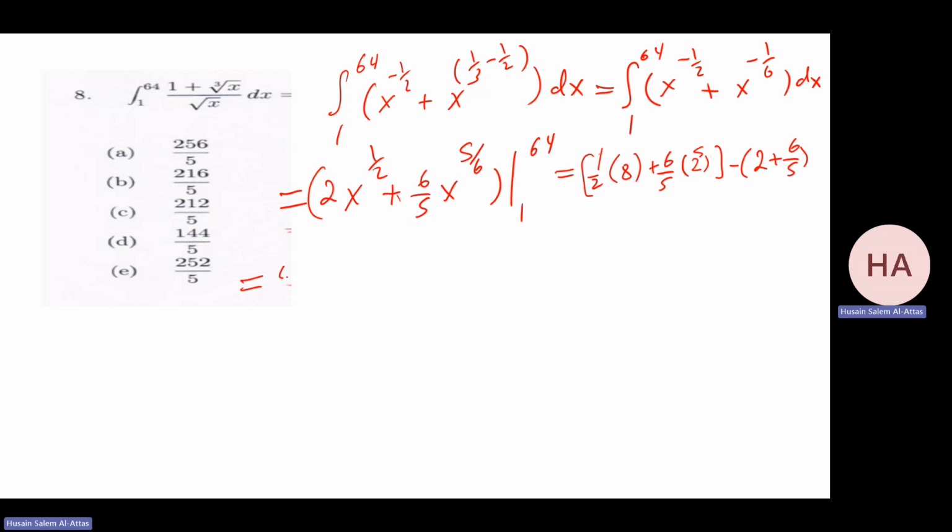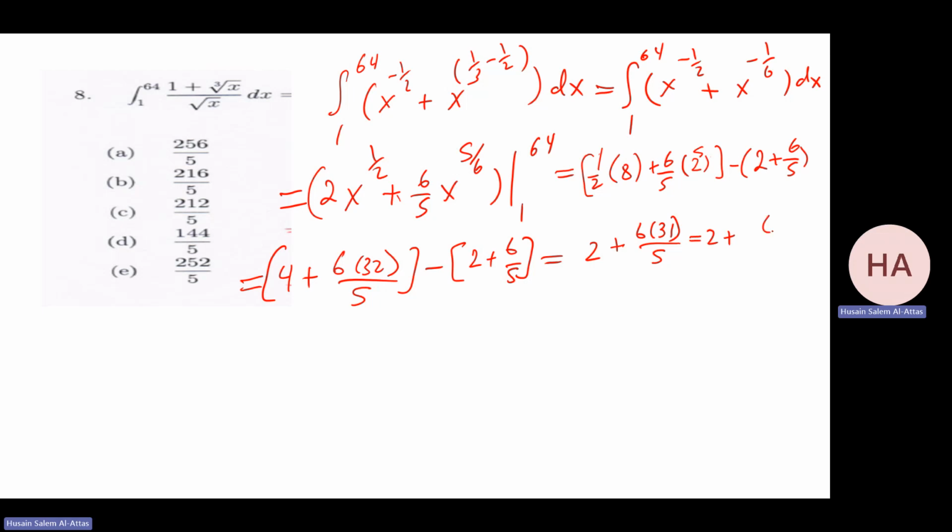So that, let me rewrite it, 4 plus 6 times 32 over 5 minus, this one is what? 2 plus 6 over 5. So the answer will be 2 plus 6, 31 over 5. What is 6 times 31? It will be 618 over 5.